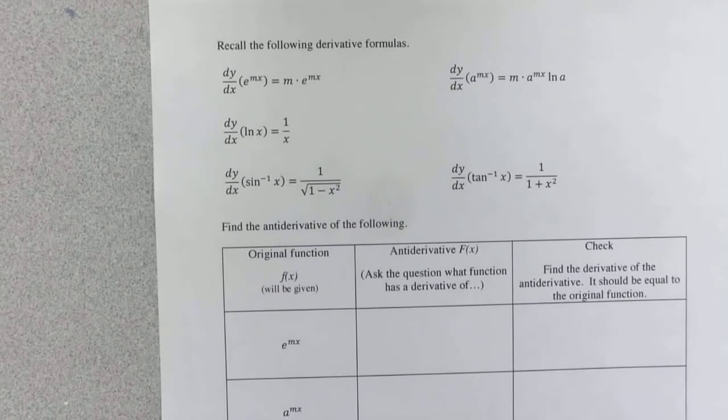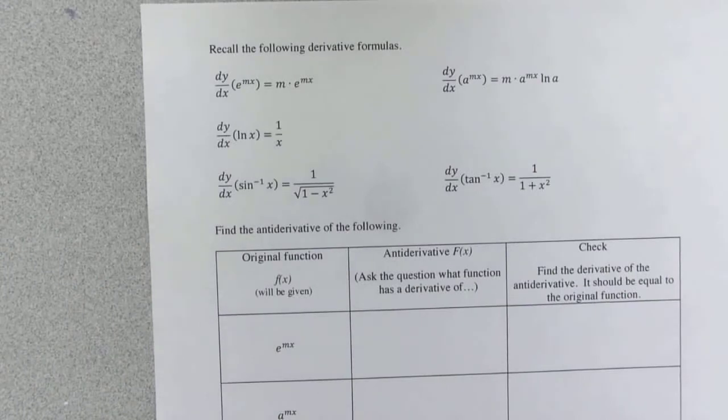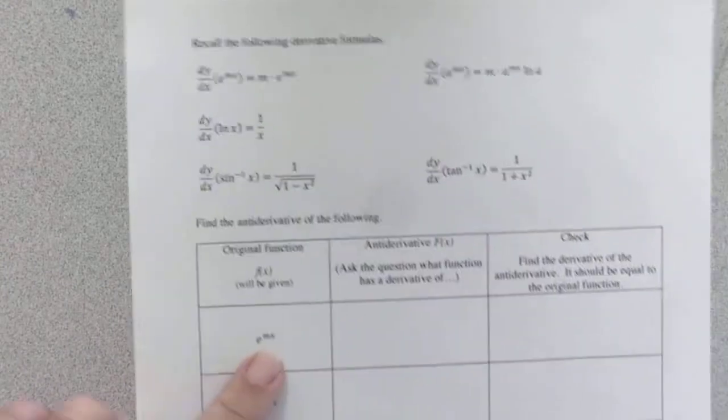The derivative of natural log of x is 1 over x. The derivative of sine inverse was 1 over the square root of 1 minus x squared, and the derivative of tan inverse was 1 over 1 plus x squared. So those were all derivatives that we talked about earlier. Now we're going to turn them backwards.